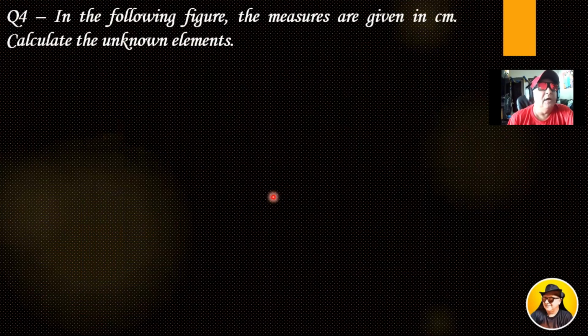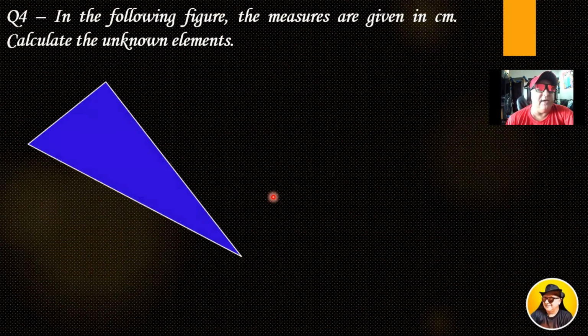All right, let's see question D. Question 4 is, in the following figure, the measures are given in centimeters. Calculate the unknown elements. Well, let's see. We have here a dark blue triangle. And also, as we already know, the corner A is the right angle. Corner B, corner C. Okay.